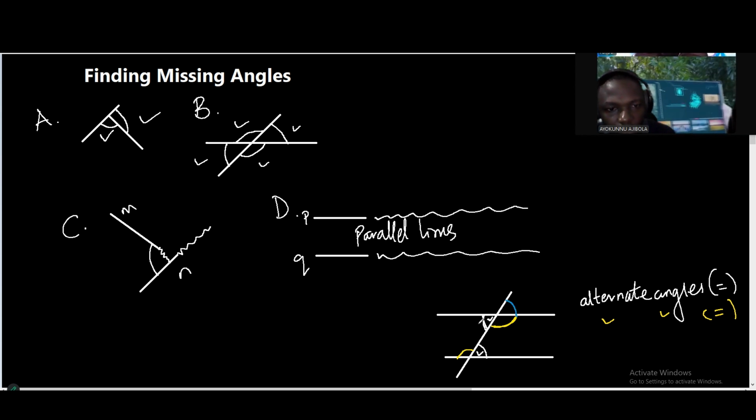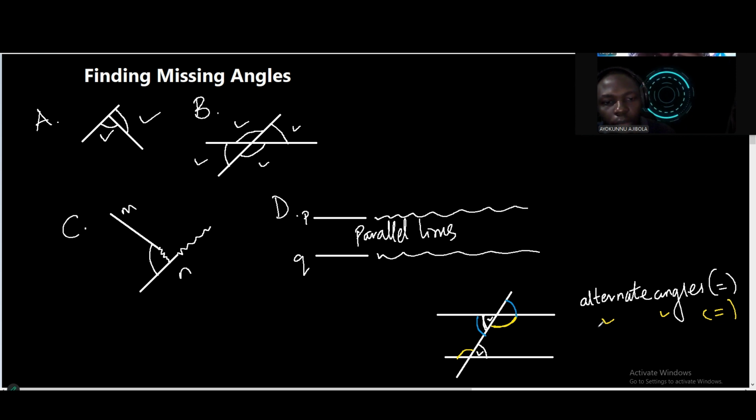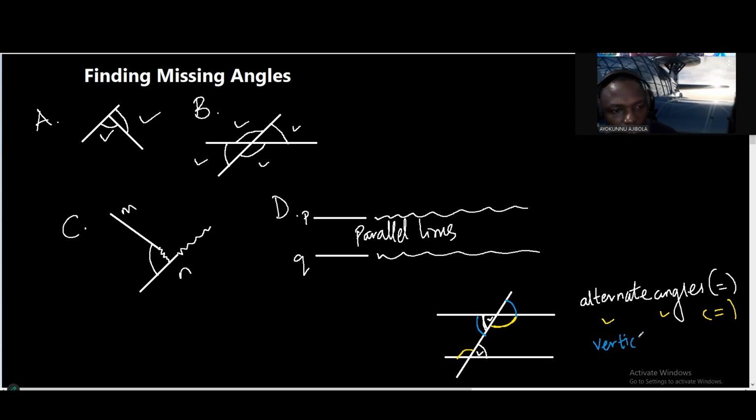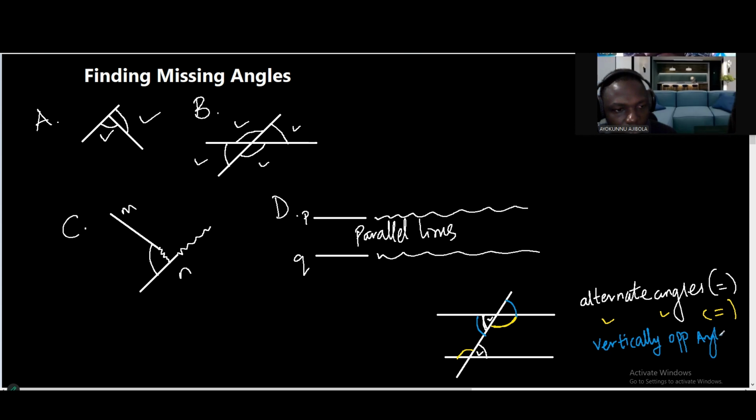But the angles here and here are vertically opposite angles. They are vertically opposite angles, and they are also equal.